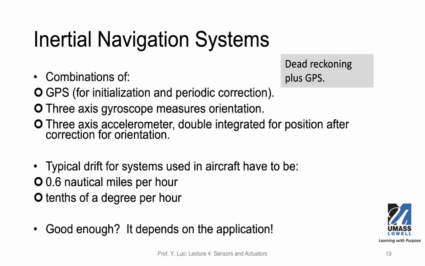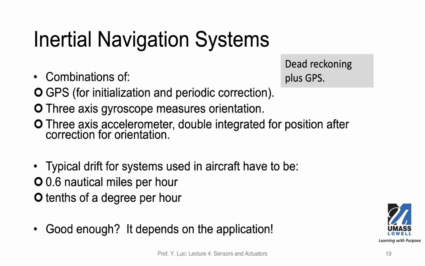Such systems are designed for very high accuracy. The typical drift for a system used in aircraft can be 0.6 nautical miles per hour or tens of degrees per hour.